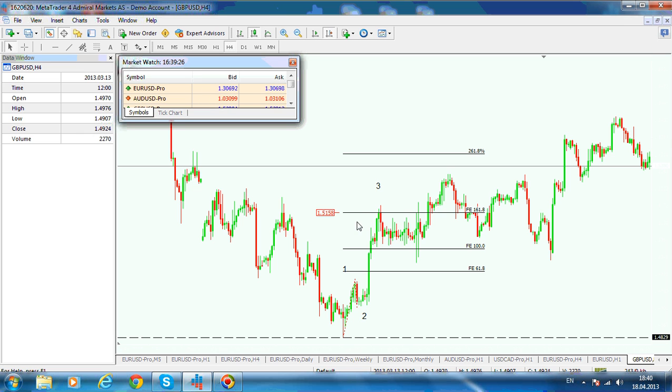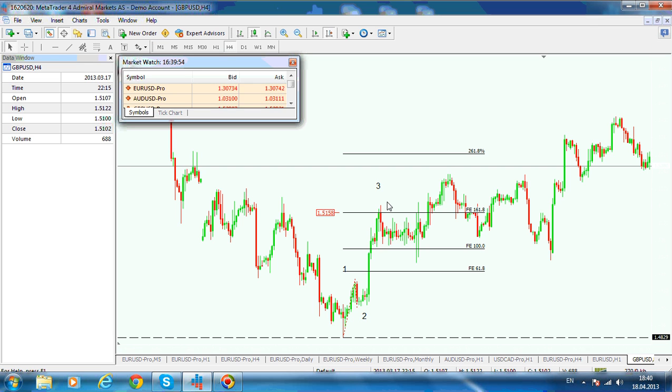So your value for the 161.8 is 151.58 for Great Britain pound US dollar, and the high in here for this candle was 151.76. So there you go, the third wave to the upside is being extended more than 161.8 of the first wave, and this first rule of an impulse is being satisfied.